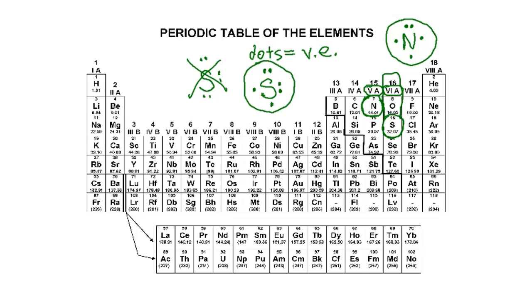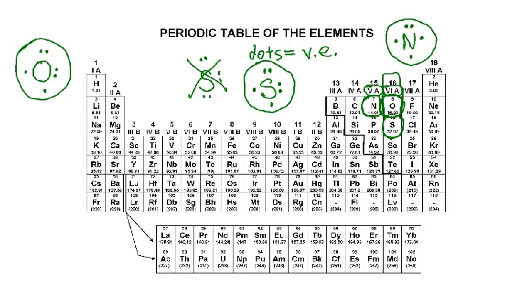Okay, now we're going to put these all together. And actually, let's do one more. Let's do oxygen. Oxygen is also in group 6A. So we're going to have oxygen, 1 dot, 2 dots, 3 dots, 4 dots, 5 dots, 6 dots. That's going to be the Lewis dot structure for oxygen.